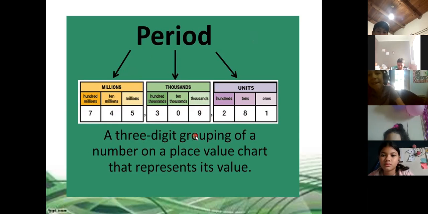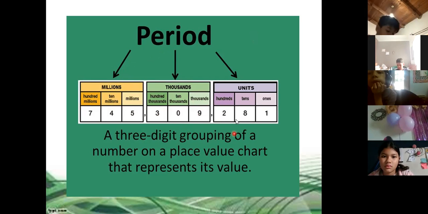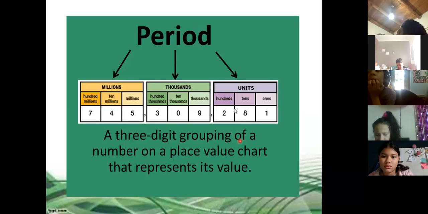It's the same as if we say 309,281, but here we have the third period, that is a million. So don't forget that a period is a 3-digit grouping. These 3 digits make one group, these make one group, and these 3 make another group, right?